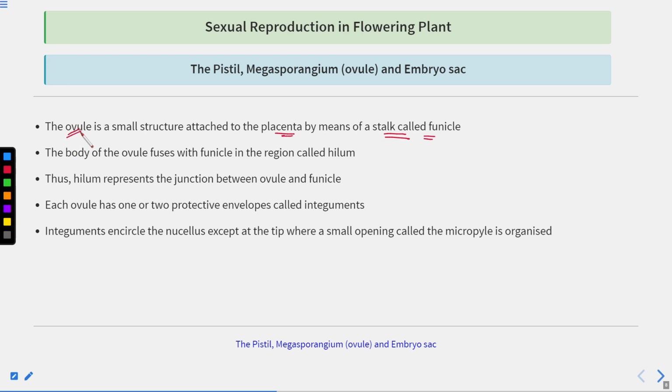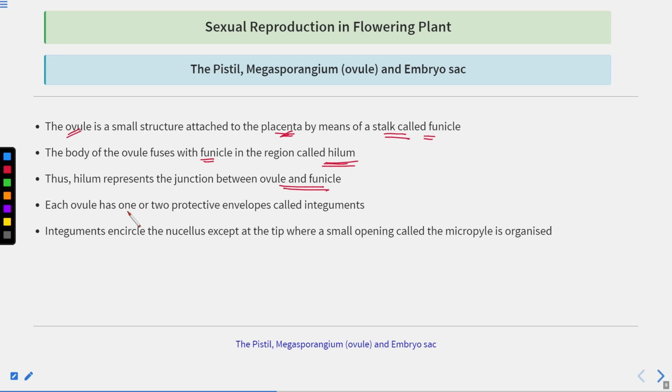Now the body of the ovule fuses with the funicle in the region called the hilum. You must have seen this hilum. Thus the hilum represents the junction between the ovule and the funicle.